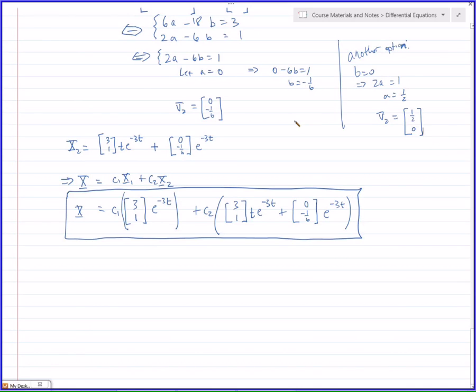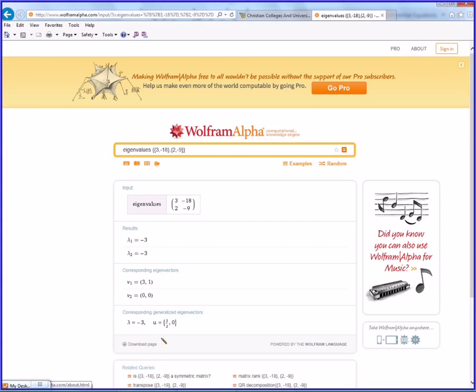The reason I chose this one is, and I don't know if you saw it, it's right there on this page. It's something called the corresponding generalized eigenvectors, which means that whenever you've got repeated eigenvalues that only have one eigenvector, Wolfram Alpha goes ahead and returns for you these other vectors you need to be able to build a general solution, and they're called generalized eigenvectors.